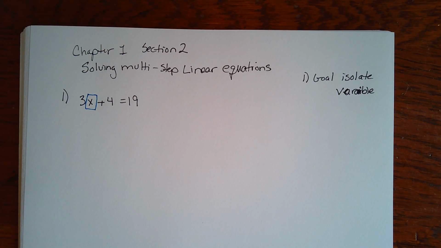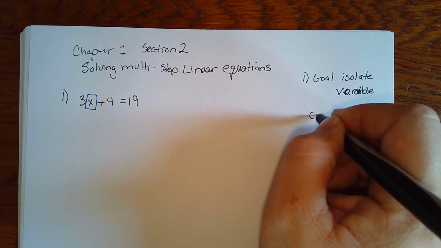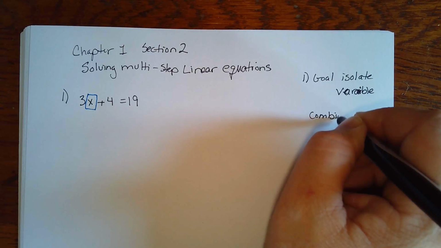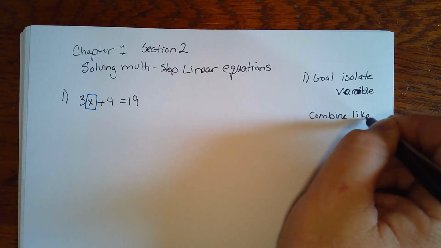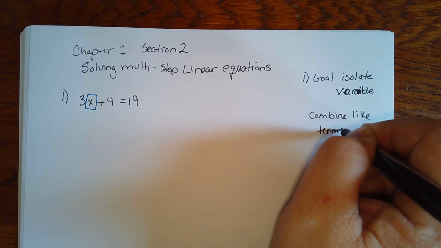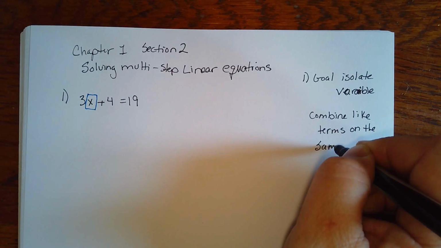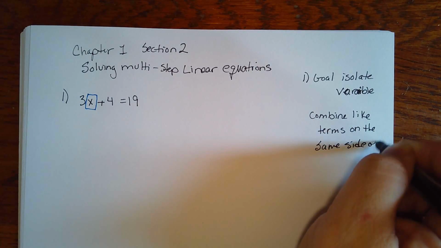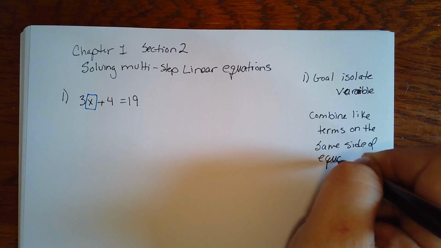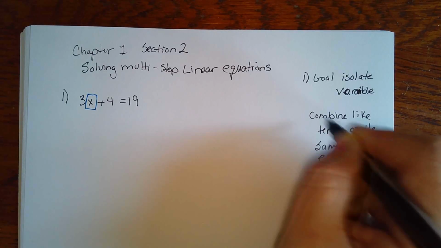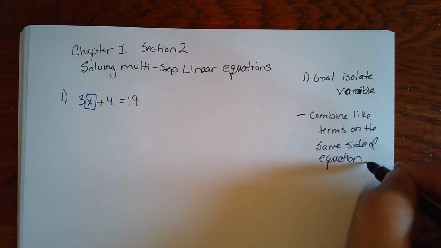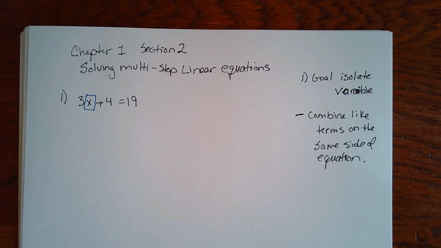First rule is always going to be combine like terms on the same side of the equation. So that's going to be the first thing that we have to do. In this case, you can't combine 3x and 4, and 19's by itself, so we can skip that step.